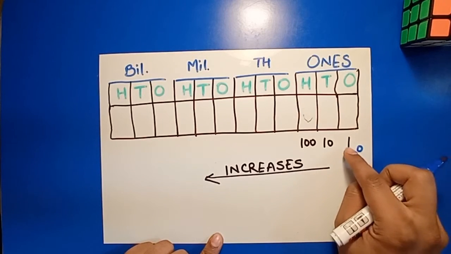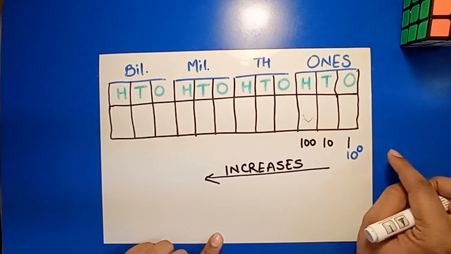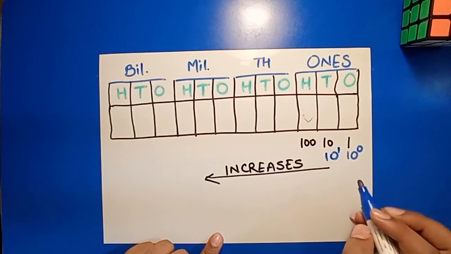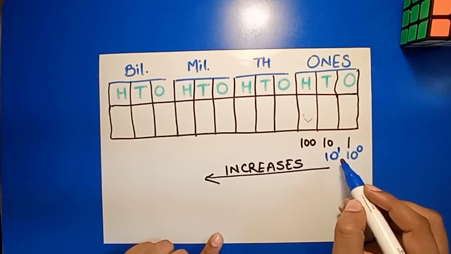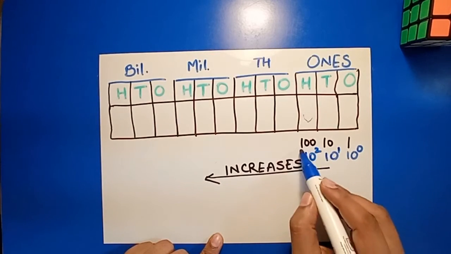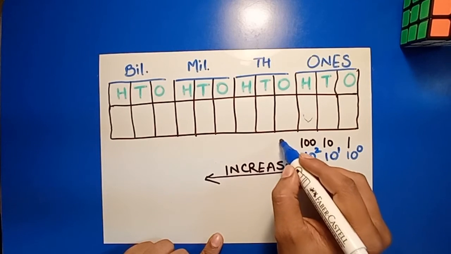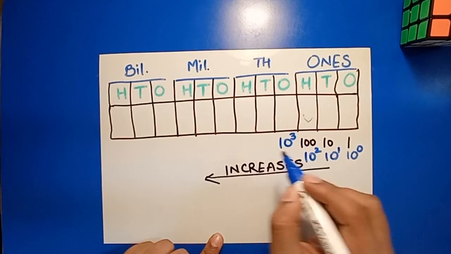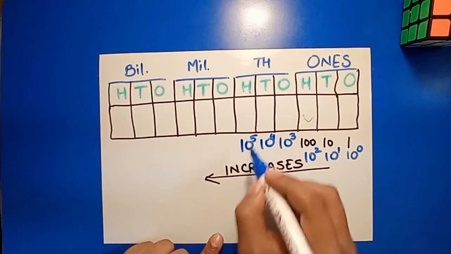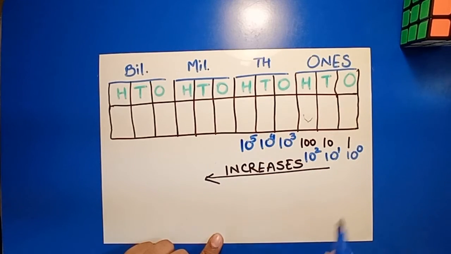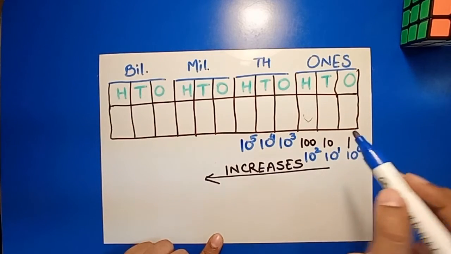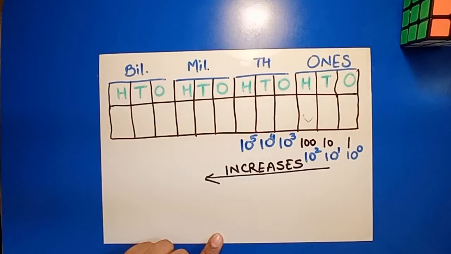It means 1 followed by no zeros, zero zeros. 10 power 1 meaning 1 followed by 1 zero. 10 power 2, 1 followed by 2 zeros. So this place 10 power 3, 10 power 4, 10 power 5, and so on. So this is how the place value keeps increasing as we move in this direction.